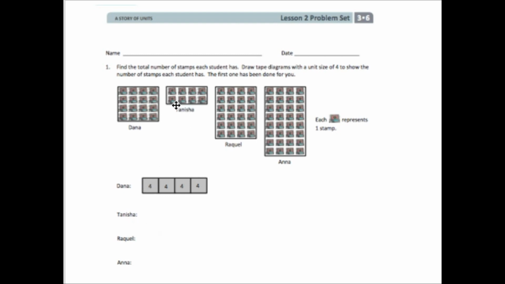Tanisha, for example, would have 2 units. She would have a tape diagram of 2 squares with 4 in each. So I'd like for you to go ahead and interpret this information and create 3 more tape diagrams.